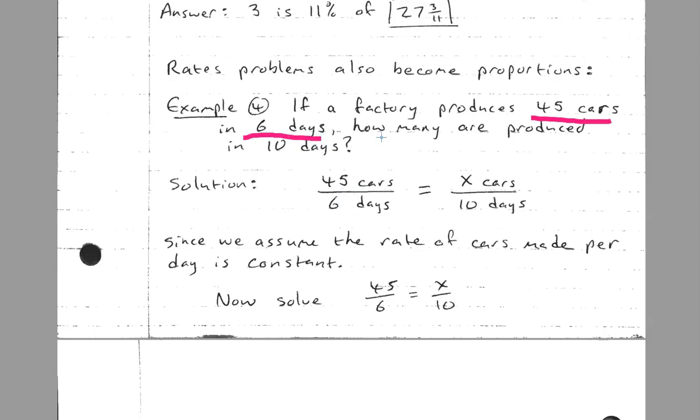So the first part of the sentence, we've got 45 cars produced in 6 days. How many are produced in 10 days? Okay, so we're comparing cars to days. So for the second rate, do the same thing, compare cars to days. We're looking for the number of cars, that's X, and we want to know how many produced in 10 days.